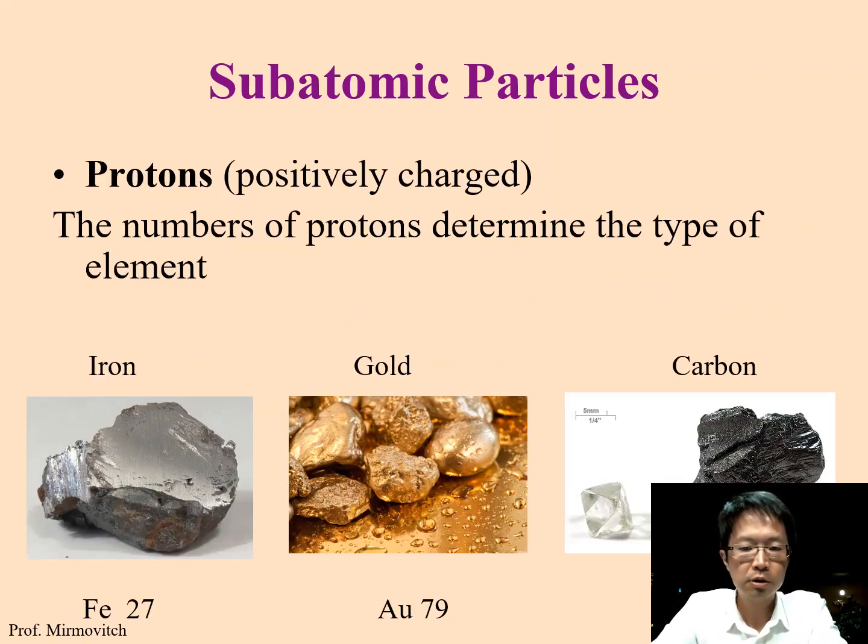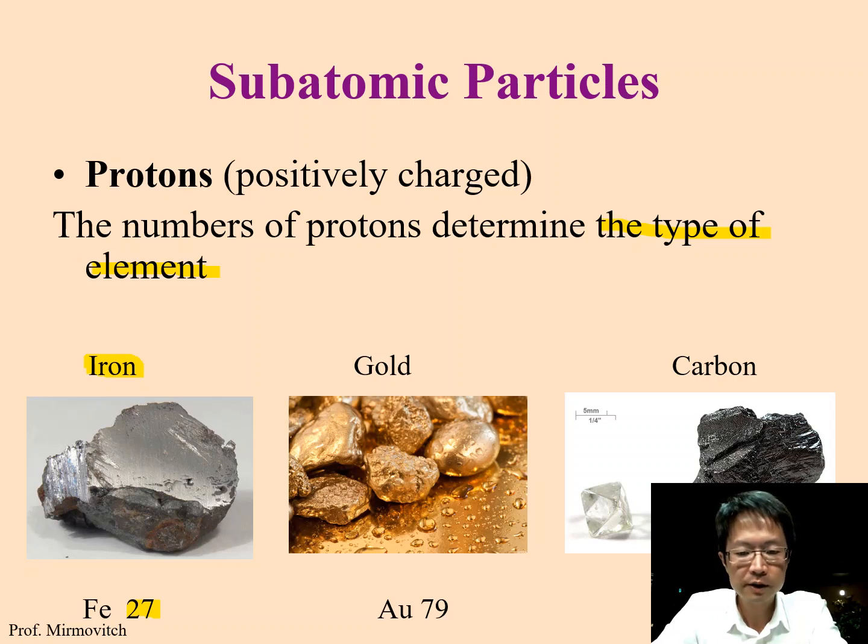So proton. Proton determines the types of the element. This is important. For example, when you have 27 protons, then you will have iron.